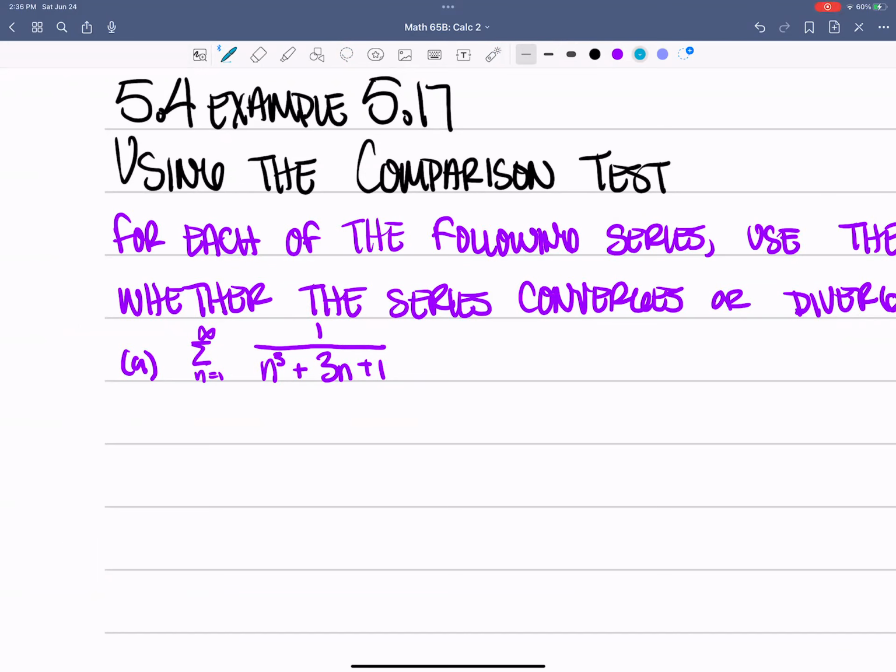So I know that 1 over n cubed plus 3n plus 1 is smaller than 1 over n cubed. And the way I know that is we have extra values here.